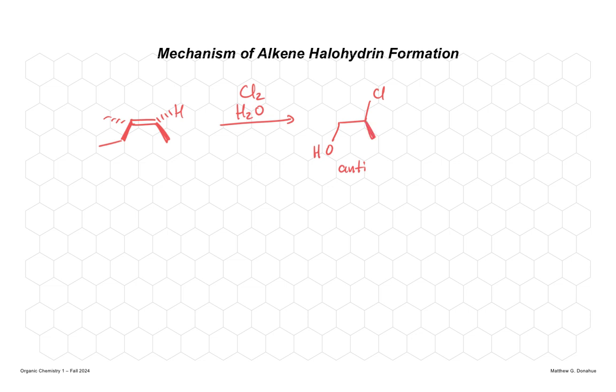That methyl group is towards you, hydrogen's away, ethyl group towards you, and methyl group away there. The mechanism is asynchronous. The chlorine will add first, then the OH, and it will do it in an anti-fashion.